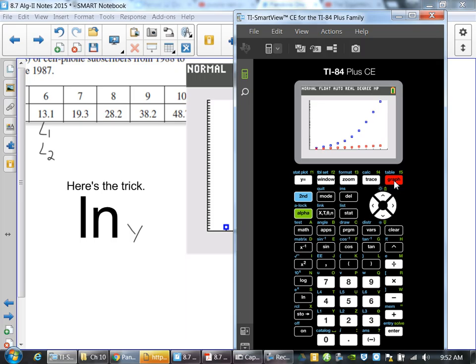What happens here, if we change our scaling around, oh, my calculator gently weeps. The natural log of that should always look linear. That's how you're able to distinguish if it's an exponential model.